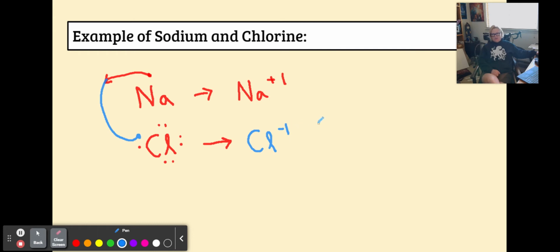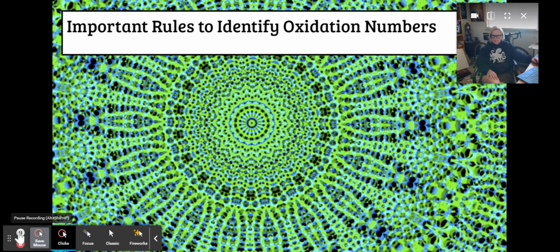And that's why sodium and chlorine are a match made in heaven, because 1 sodium can give its 1 electron to chlorine to make an octet. And that would be what the ionic Lewis structure would look like. So this was just a quick review to remind you where we get those oxidation states from.